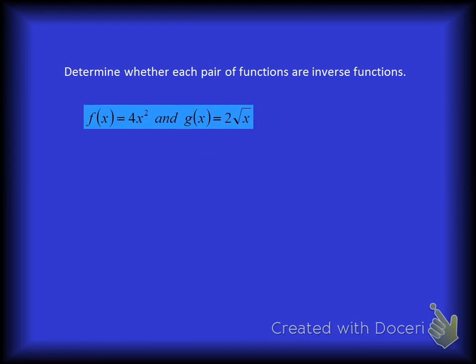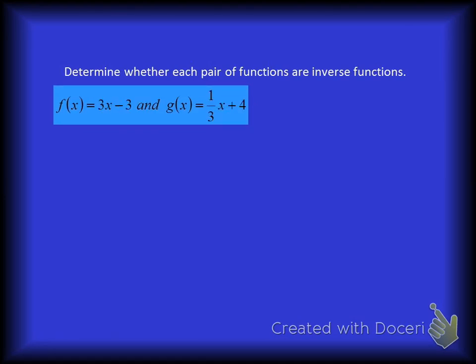You would think this one would be, if this was a fourth here and not 2, then they would be. This one's not, because if you look at the minus 3 here and the plus 4 over here, you can see kind of how that's going to mess up your number, so it's not going to work out. So you can kind of see a pattern once you practice them, as far as what works and what doesn't.